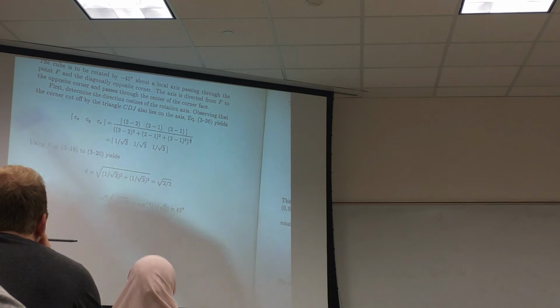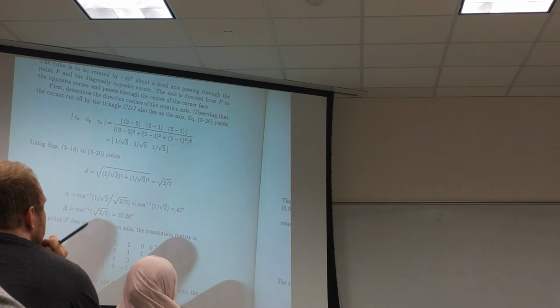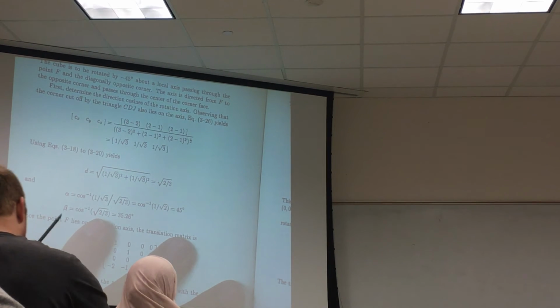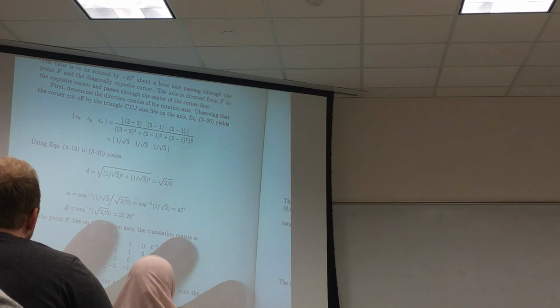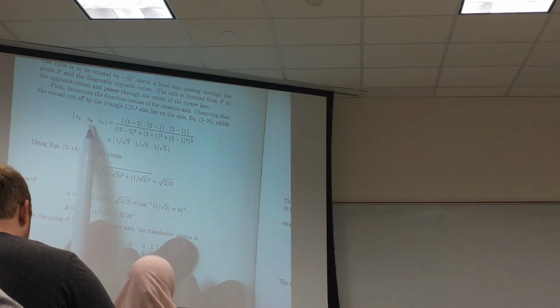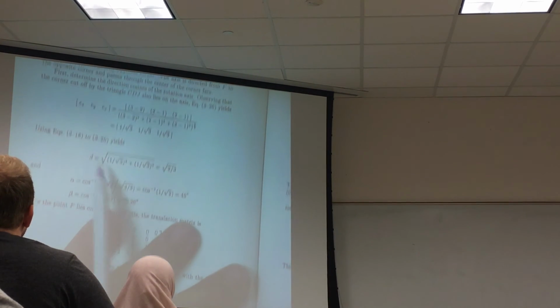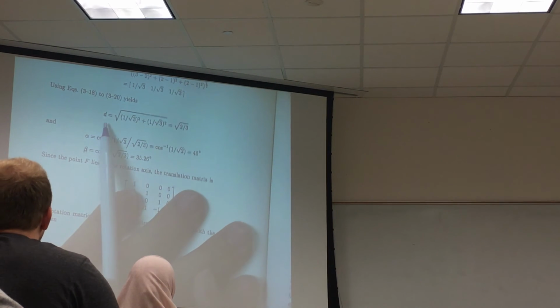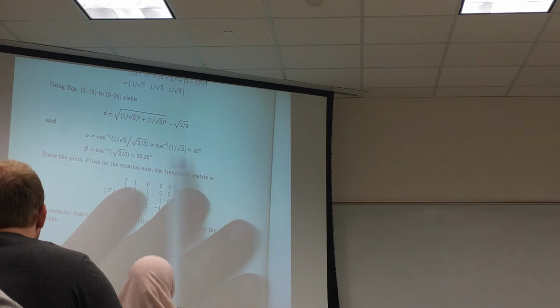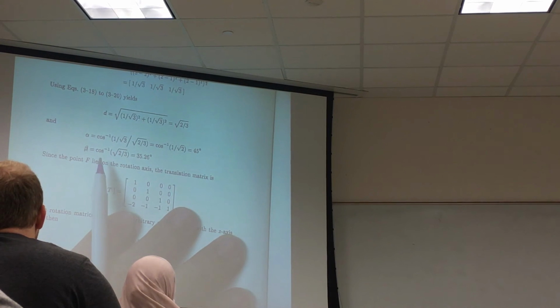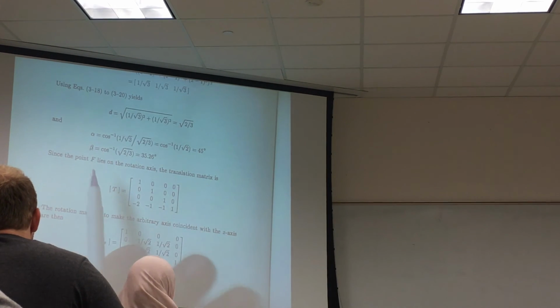Right, so you need to know how to compute a position vector, given numerical values. And then once you have Cx, Cy, Cz, you can compute a D. Once you can compute a D, you can compute the cosine alpha and the direction cosines. And for that one, you can plug all these numbers in.